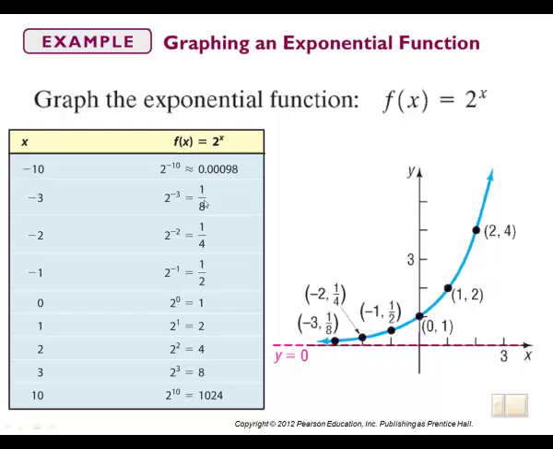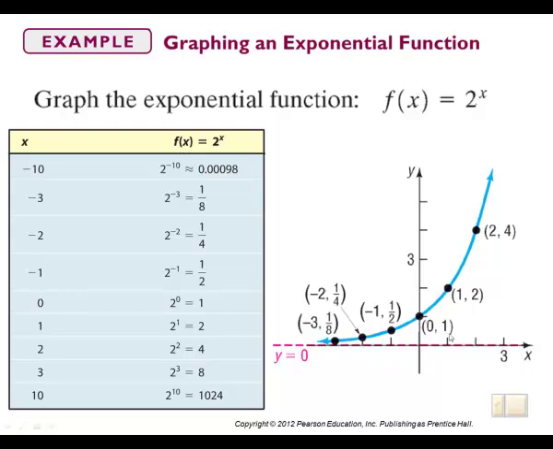As the negative value gets more and more negative, the y value gets smaller and smaller. That shows in the table of values. But once it hits the y-intercept, it's always going to go through 0, 1, as long as there's nothing multiplying this base.